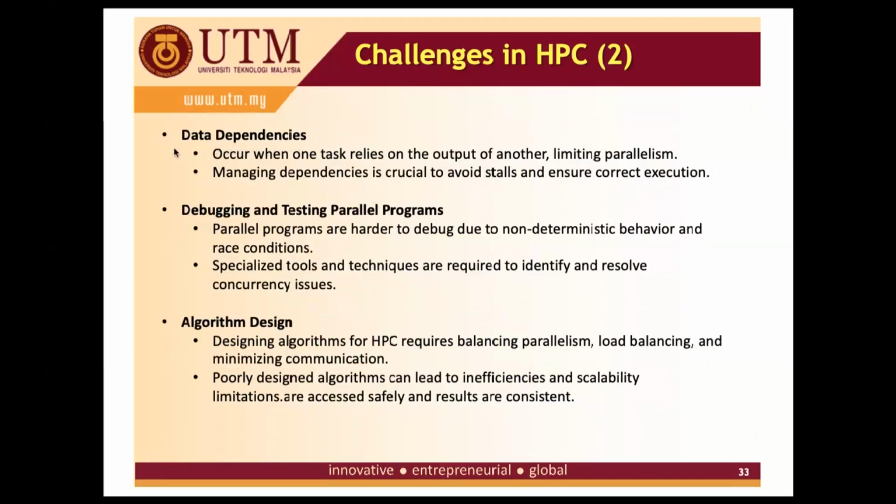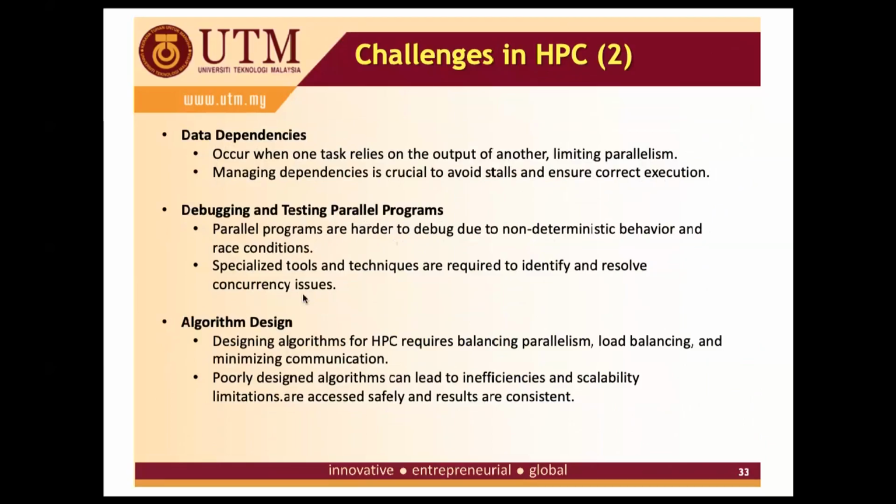Okay, this is more on the programming part: debugging and testing parallel programs. Parallel programs are harder to debug due to non-deterministic behavior and race conditions. This is another challenge that needs to be improved. Special tools and techniques are required to identify and resolve concurrency issues.